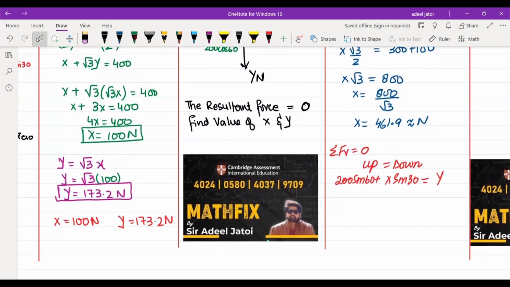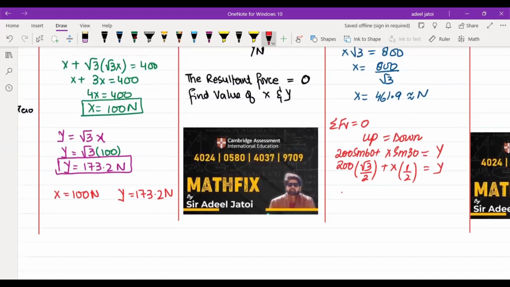Now we already know that sine 60 is equal to under root 3 upon 2. So this is 200 times under root 3 upon 2 plus x times 1 upon 2, which is sine 30, equal to y.